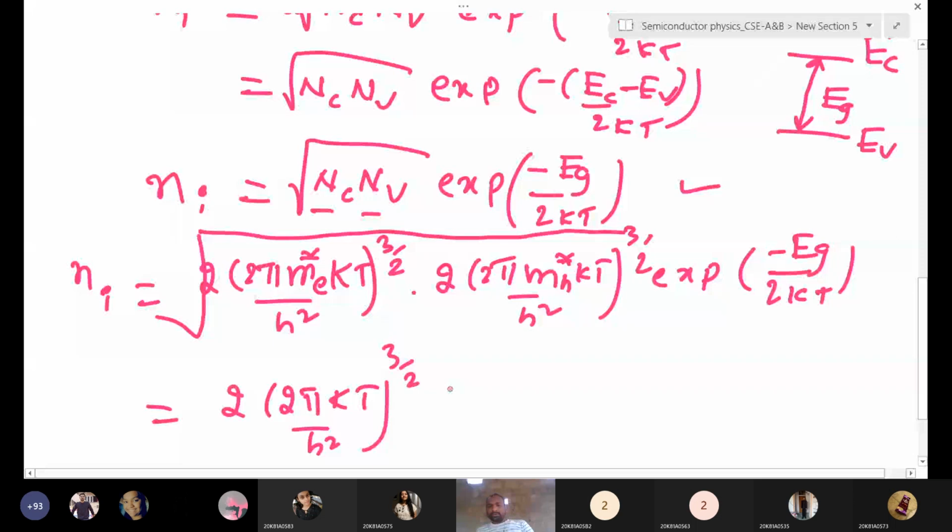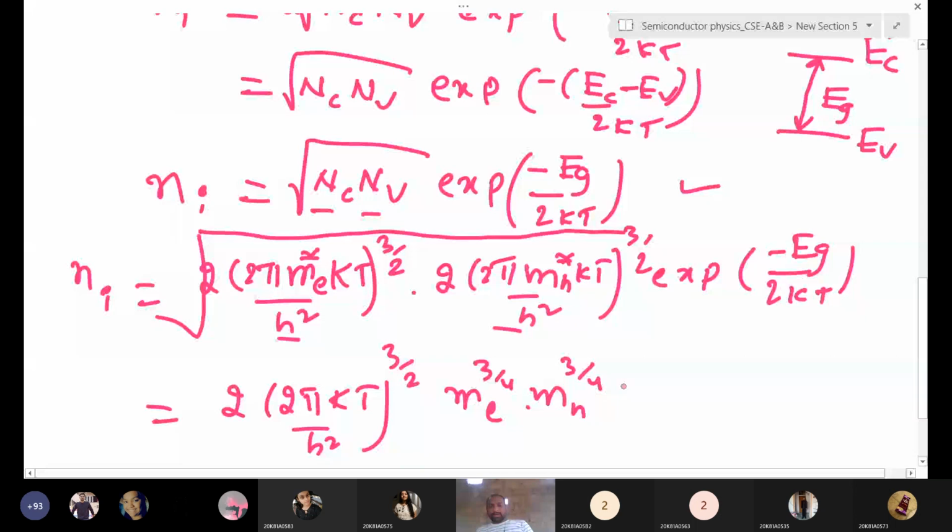Okay, now we will further simplify this expression. Ni, that is the intrinsic carrier concentration, equals 2 into 2 pi KT by h square to the power of 3 by 2, and me into mh to the power of 3 by 4, isn't it? Suppose x to the power of a, we can write the same.